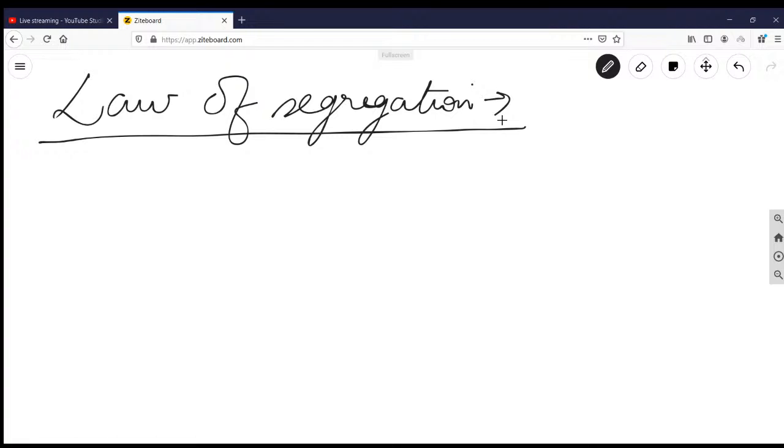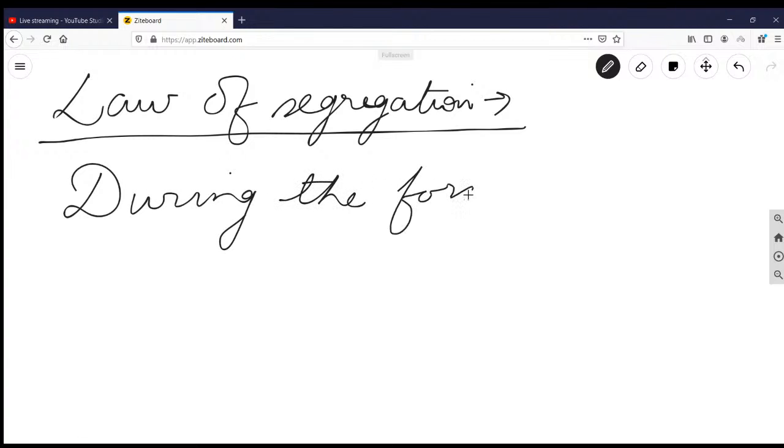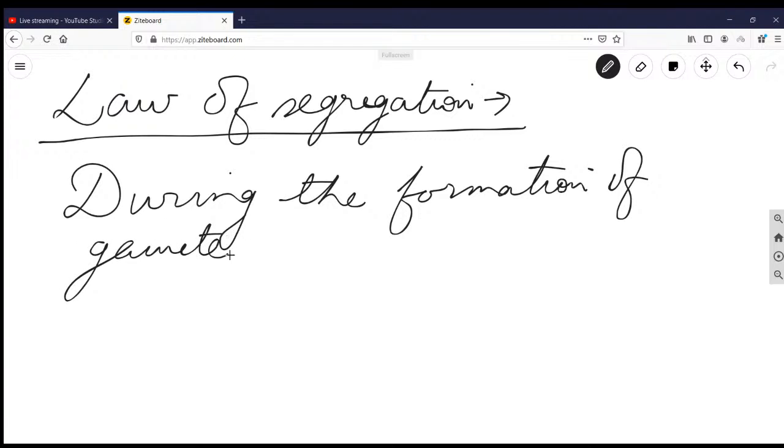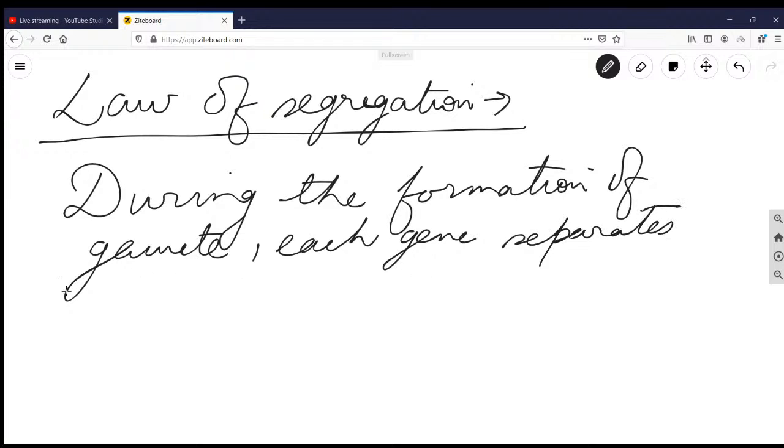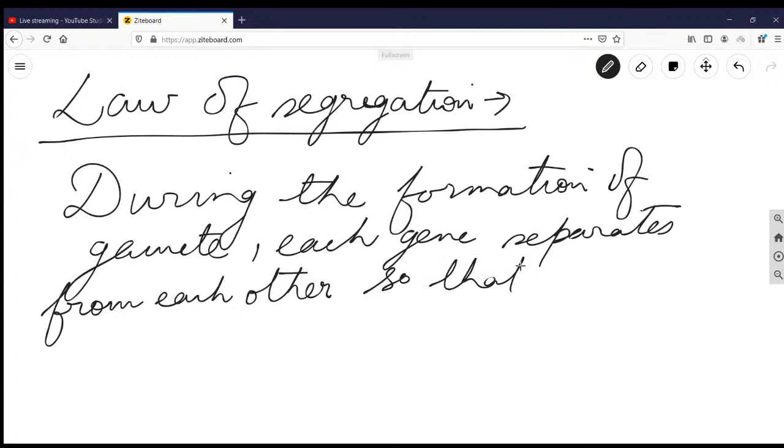So during the formation of gamete, the definition is, during the formation of gamete, each gene separates from each other so that each gamete carries only one allele for each gene.